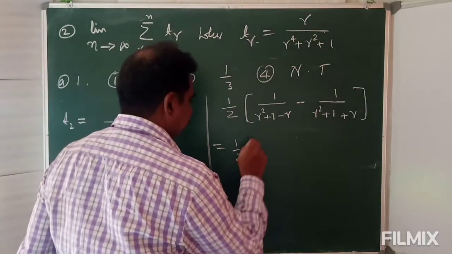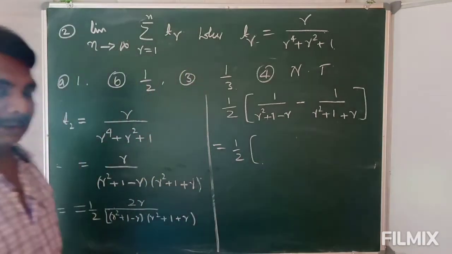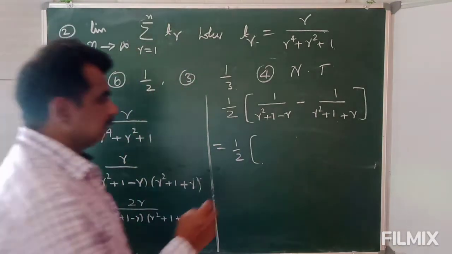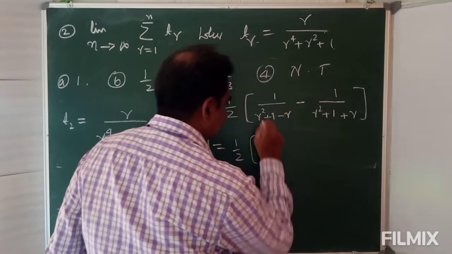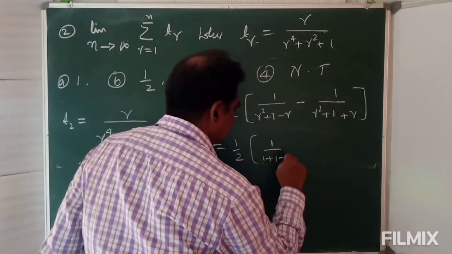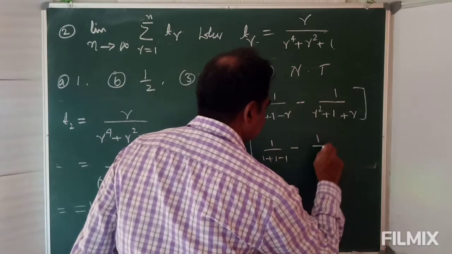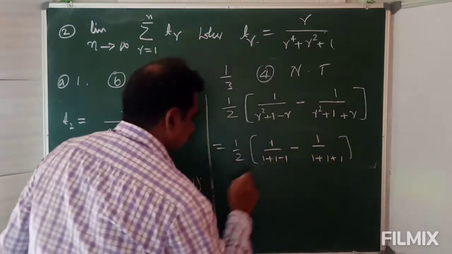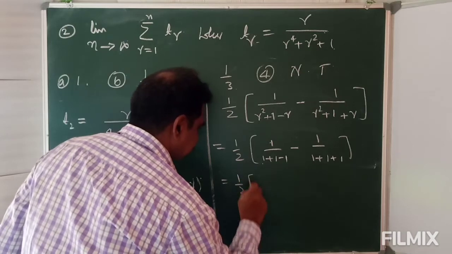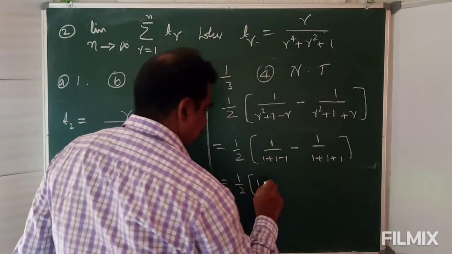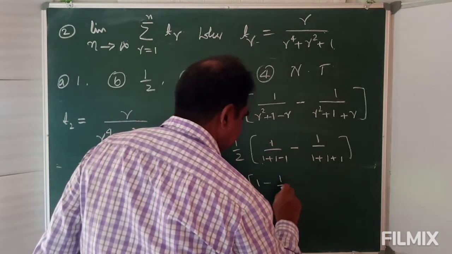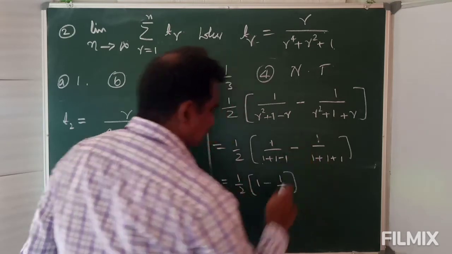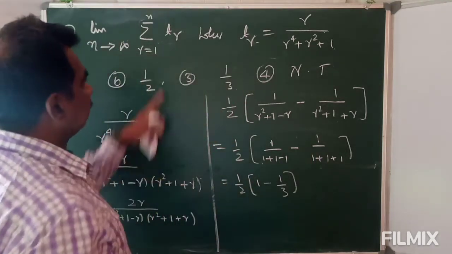1 by 2 into, see, put r is equal to 1, what happens? 1 by 1 plus 1 minus 1 minus 1 by 1 plus 1 plus 1. What happens? That is 1 by 2 into 1 minus 1 by 3. See, put r is equal to 2.